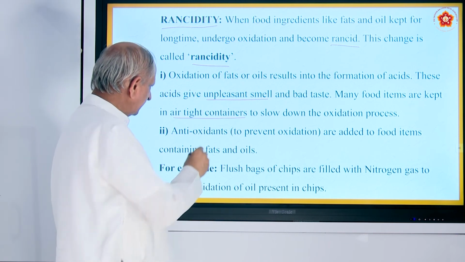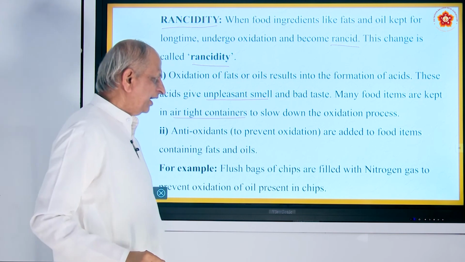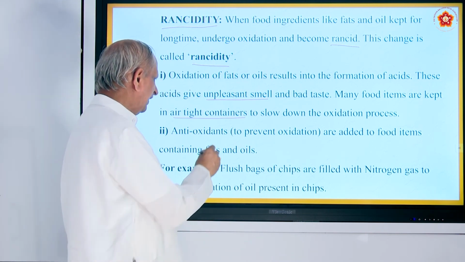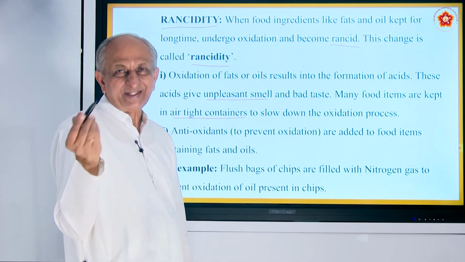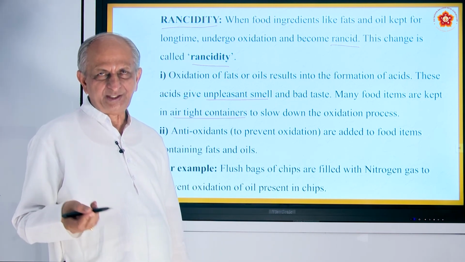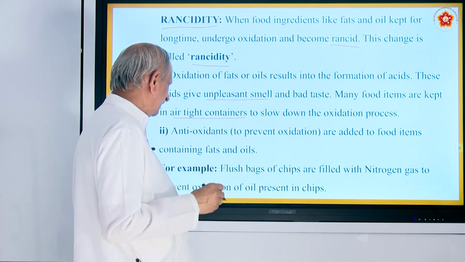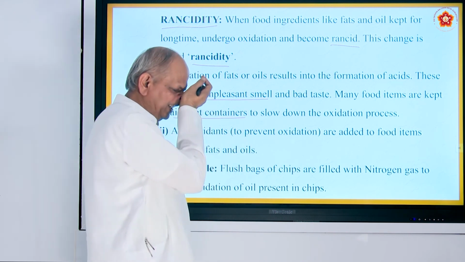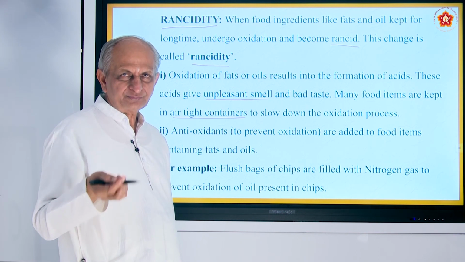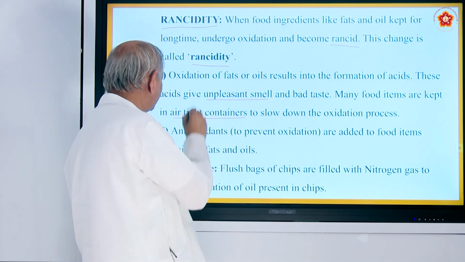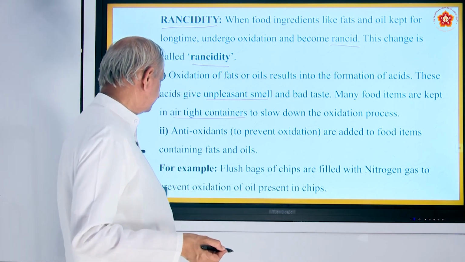That is one thing. Secondly, antioxidants to prevent oxidation are added to food items containing fats and oils. Usually they use some catalyst like that of nickel. So by using a catalyst, for example in the case of dalda and vegetable oils, to avoid this rancidity, they use some catalyst or promoters.